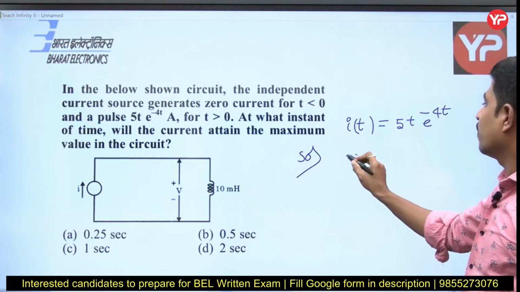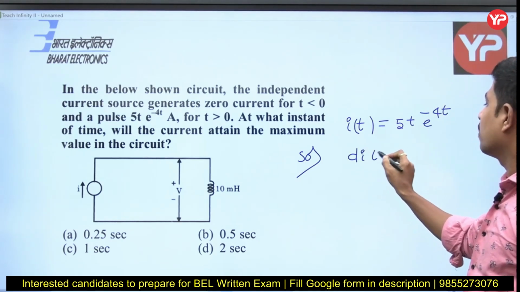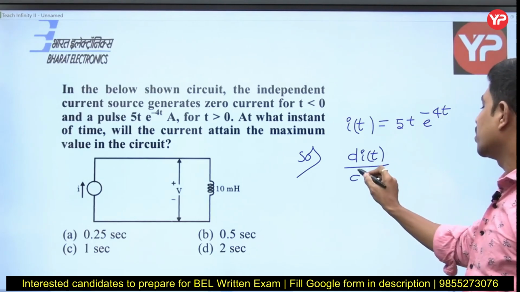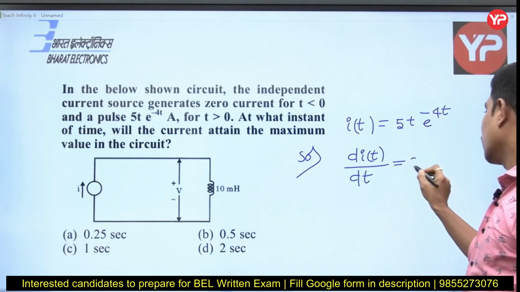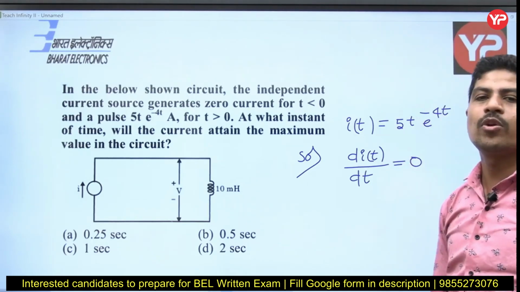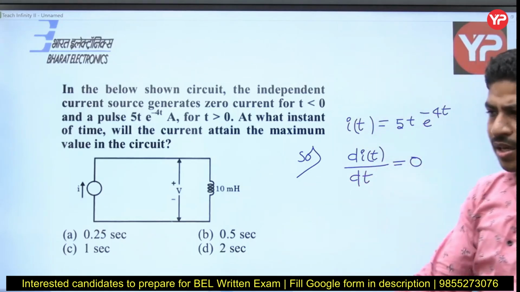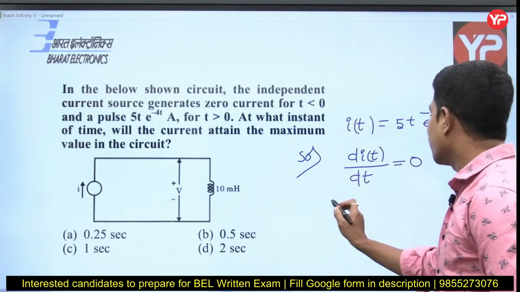If anything is maximum or minimum, its derivative must be equal to 0, right? That is simple mathematics. 5 we keep outside.